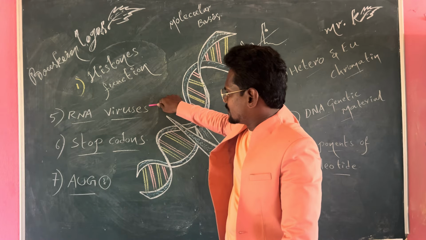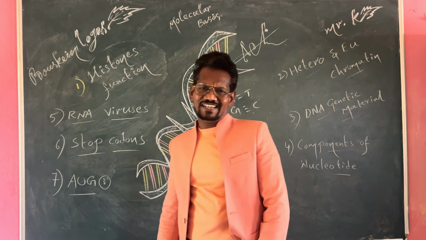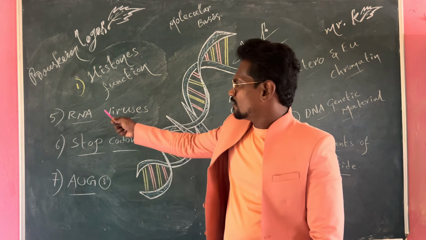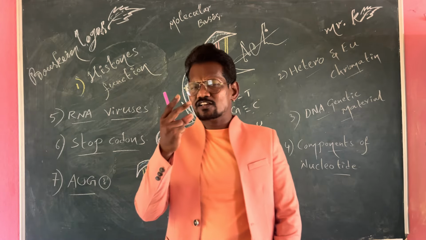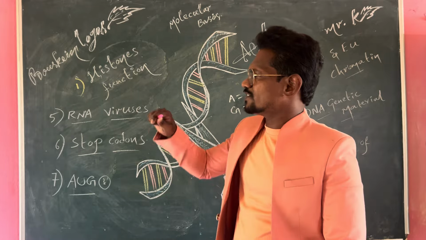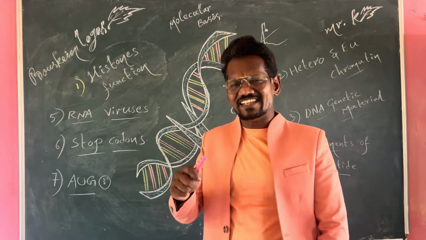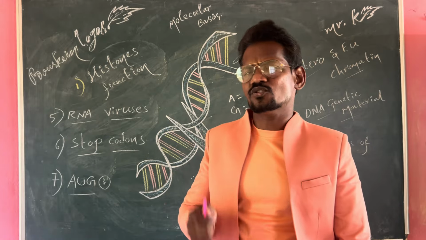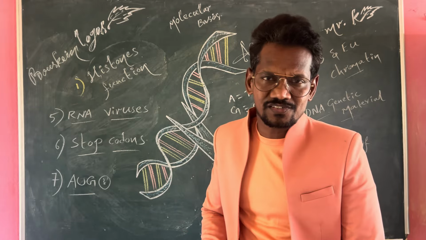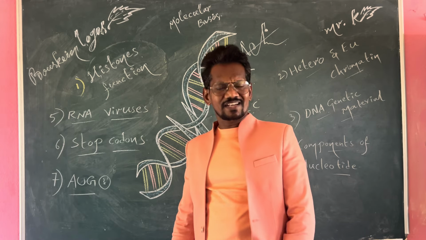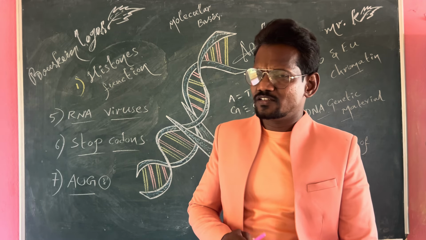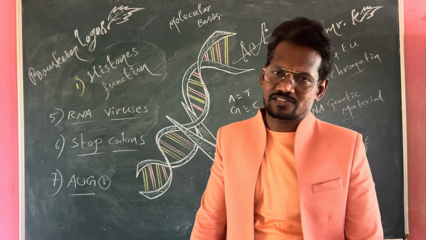RNA viruses. What are the RNA viruses? Viruses, according to their genome or genetic material, are of two types. Viruses which contain DNA as their genetic material are called adenoviruses. Viruses which have RNA as their genetic material are called retroviruses.